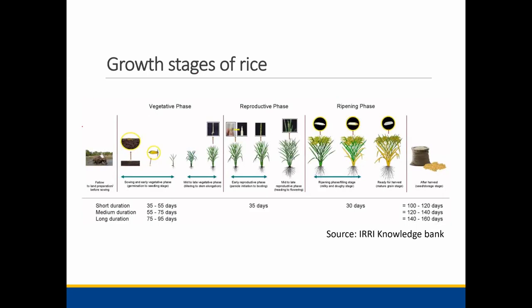So in this picture, forget about the sub stages. Let us focus on these three major stages: vegetative, reproductive, and ripening.